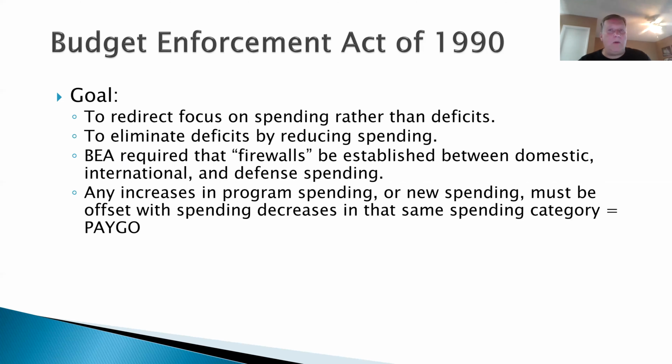So if you want to increase spending on domestic programs, you cannot rob from international spending in order to pay for an increase in domestic spending, and vice versa. If you want to increase spending on domestic programs, you must pay for it by cutting another domestic program within that same category. You couldn't cross over your firewalls.